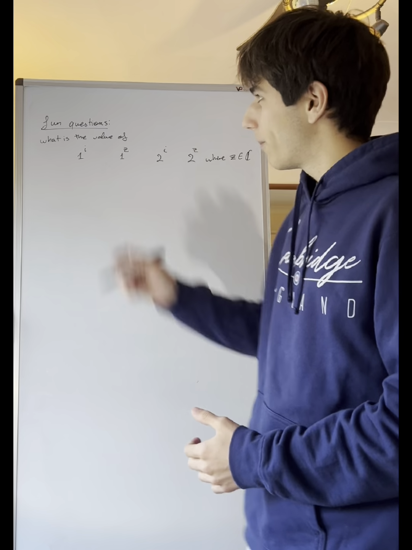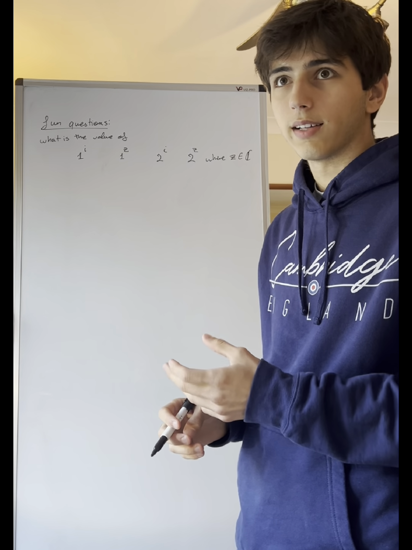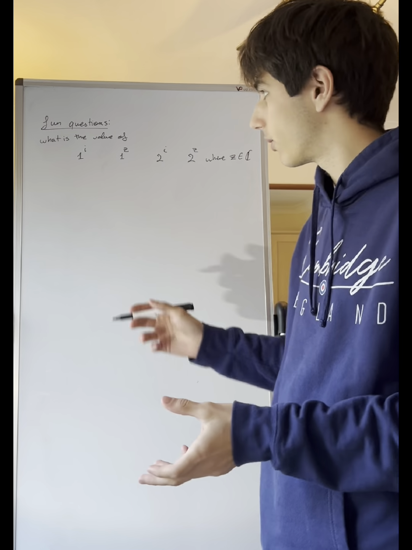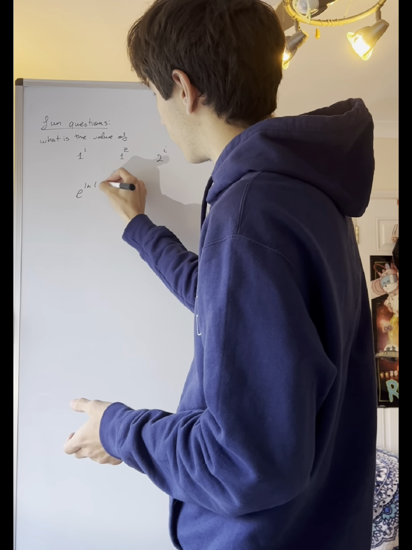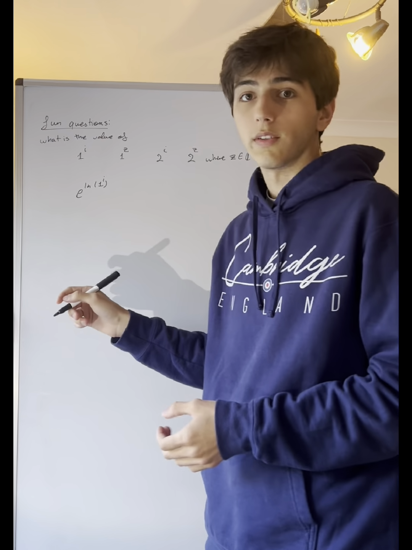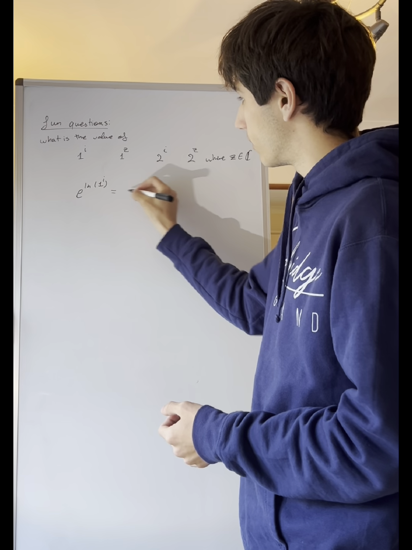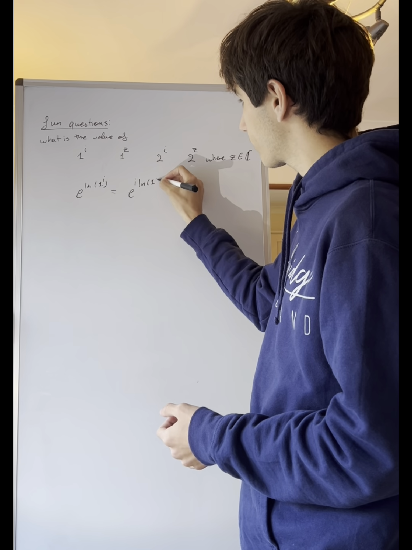So to go about something like this, we need to express 1 to the i in terms of base e, and the way we can do this is we can say e to the natural log of 1 to the i is equal to 1 to the i. And so this becomes e to the i natural log of 1.